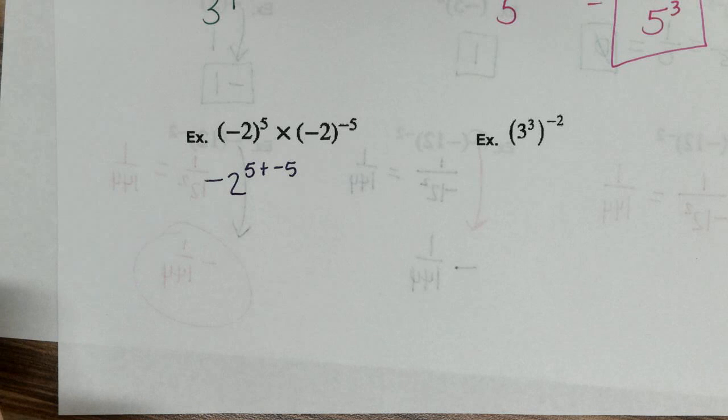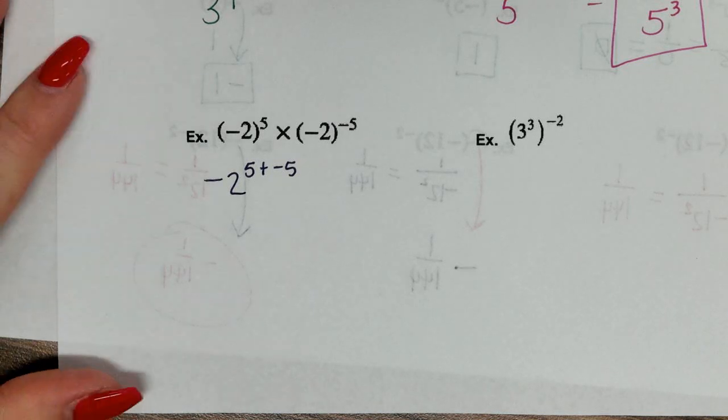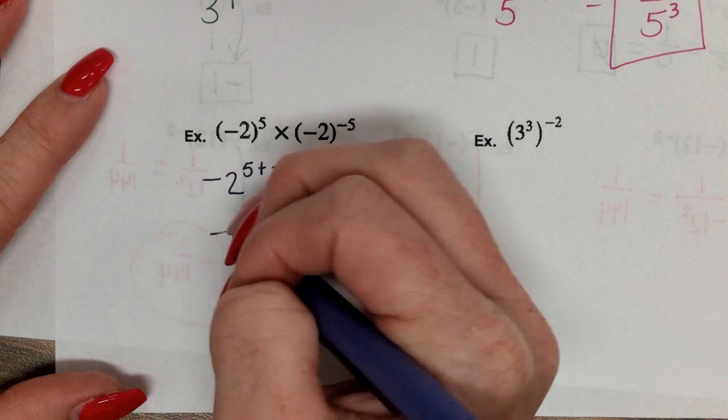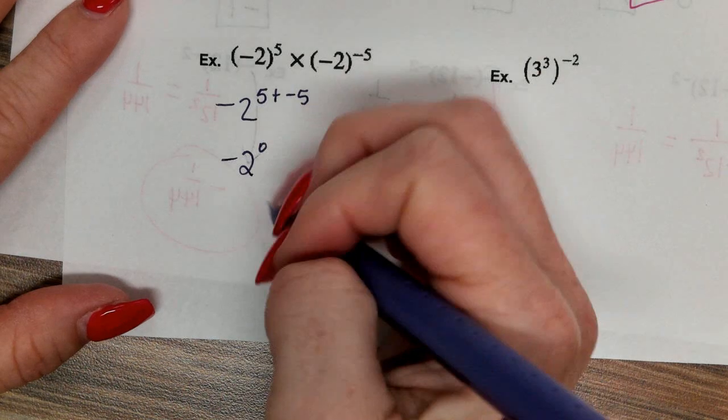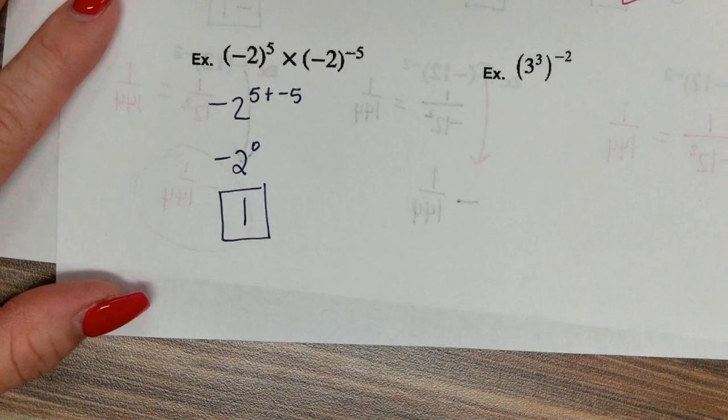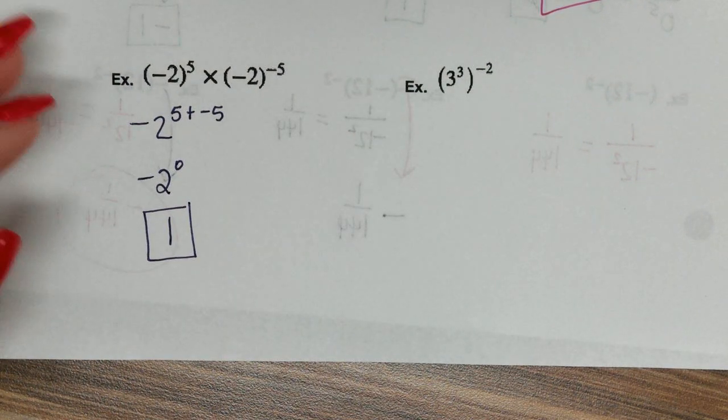Okay, on the first one, I have negative 2 raised to the 5 plus negative 5. Why did I add them? Because it's the product rule, yes? 5 plus negative 5 is 0. Anything raised to the 0 power is 1. All right, try the next one on your own.